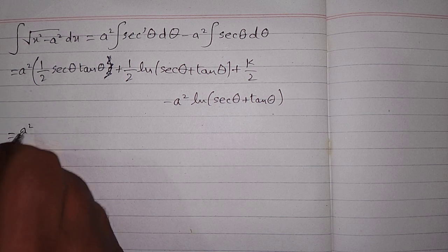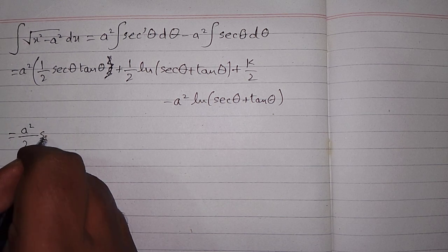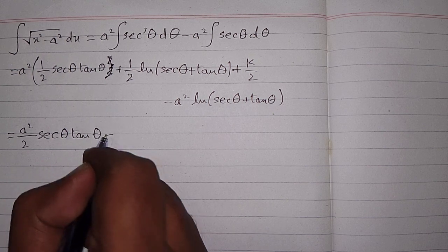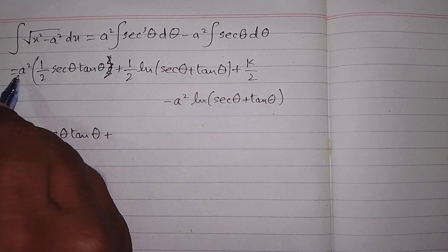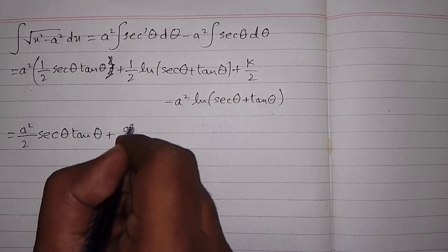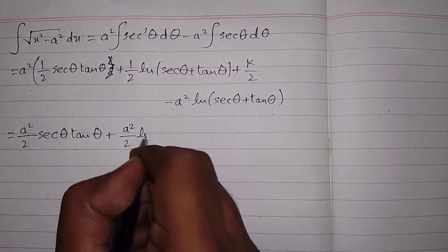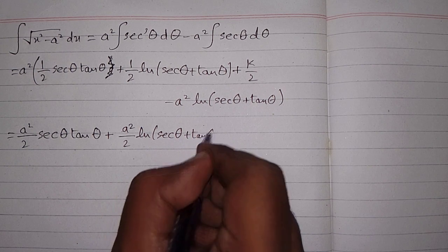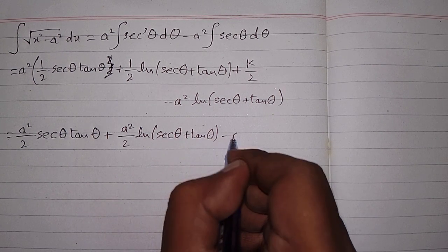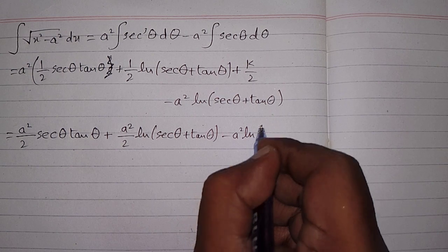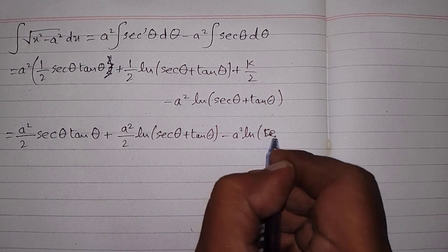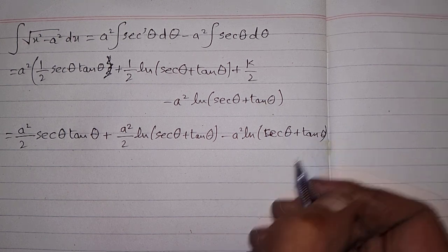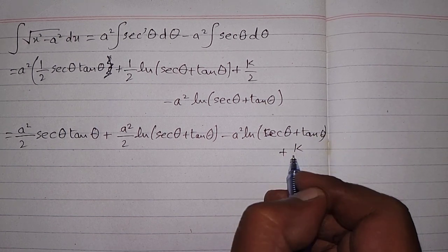So we have a square upon 2 sec theta tan theta plus a square multiplied by this, which is a square upon 2 ln of sec theta plus tan theta, minus a square ln of sec theta plus tan theta plus k upon 2.